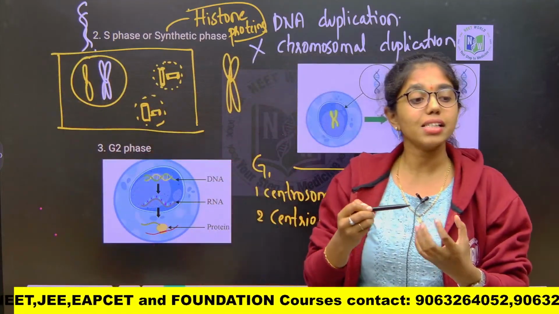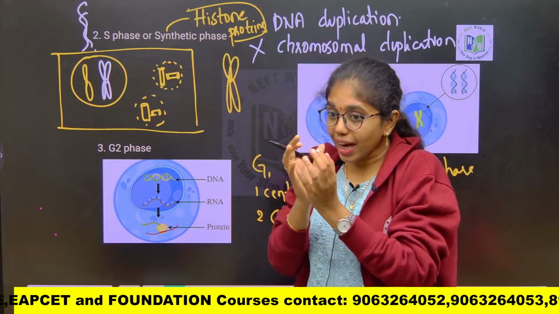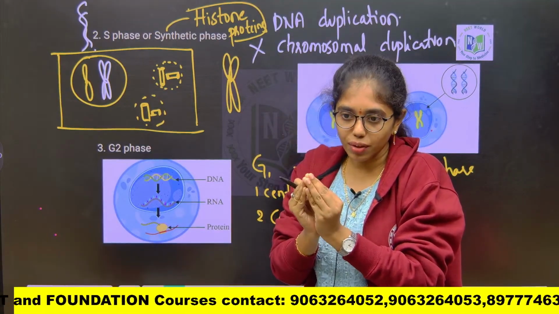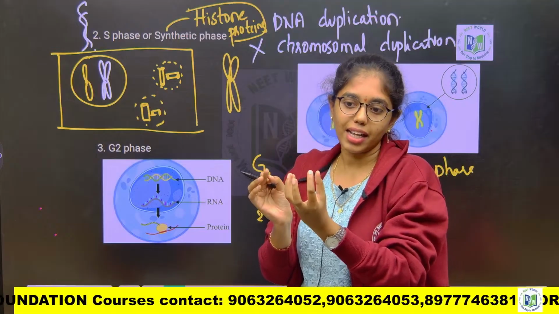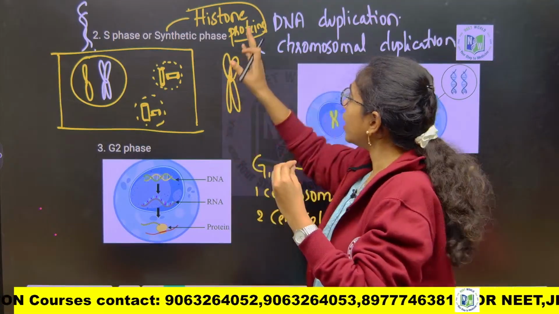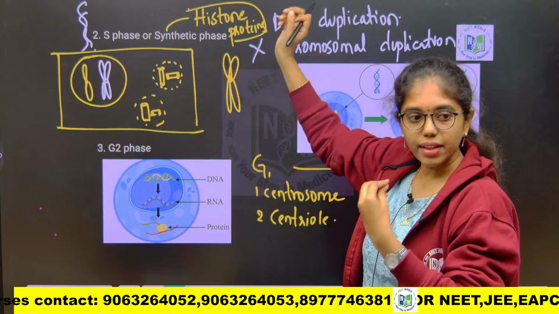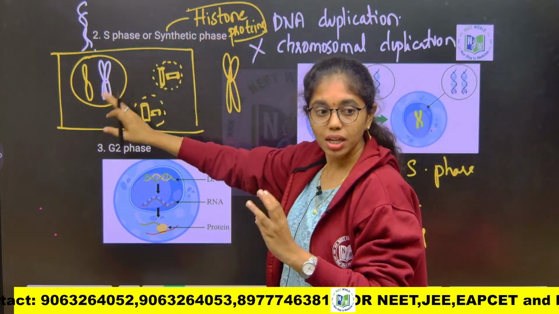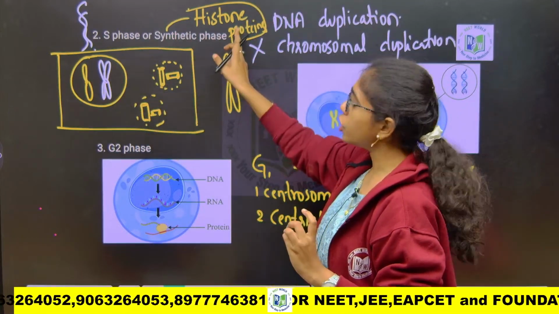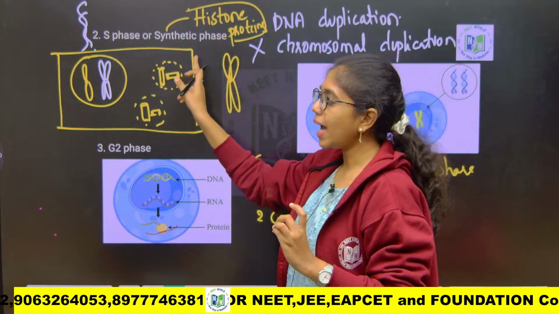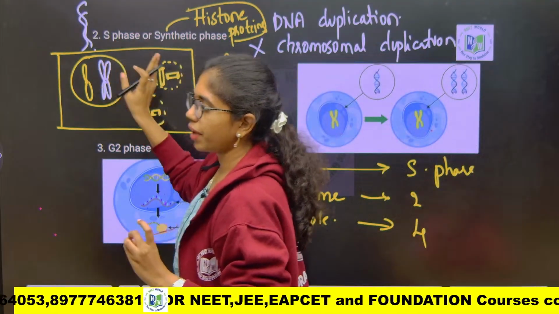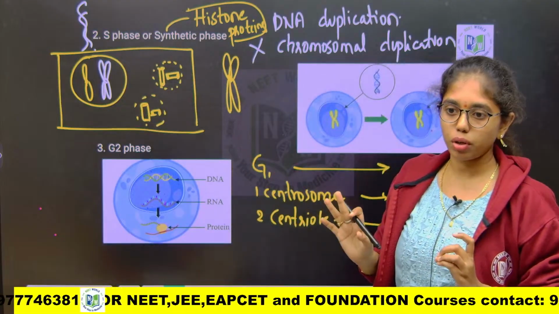As DNA is getting duplicated, to keep that DNA in the same space of the nucleus, it needs to get condensed. For the condensation of DNA, histone proteins are required, right? That is why DNA duplication, centriole duplication and histone protein synthesis happen in which phase? S phase. Clear, right?